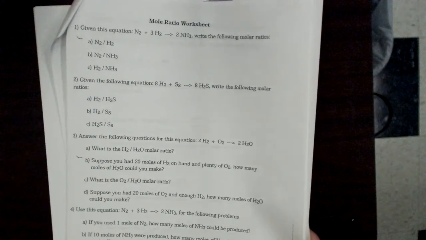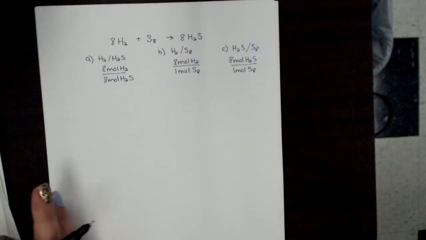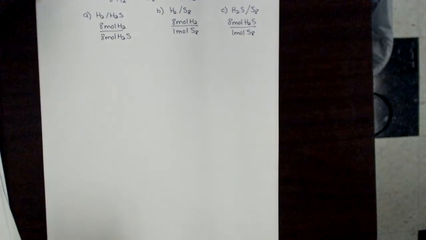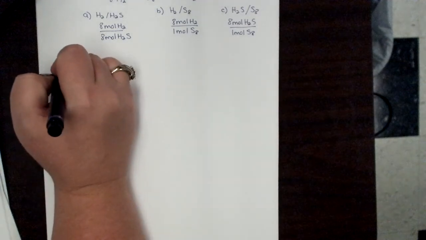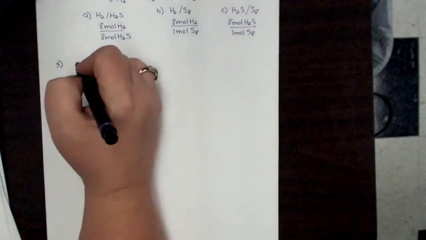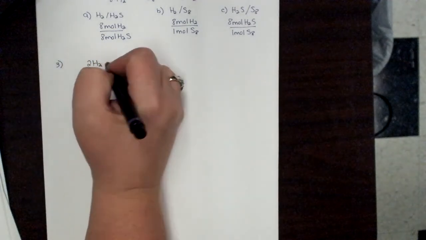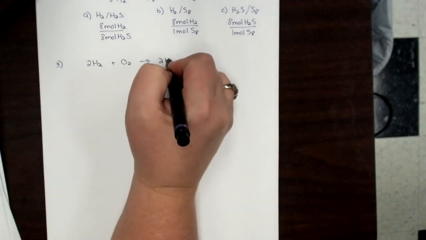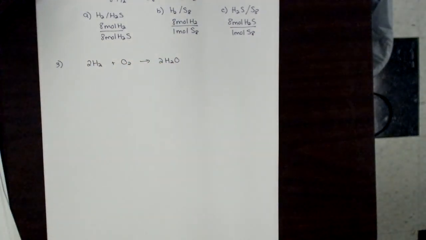Okay? So let's go on and look at how we can use this, because what ends up happening is we can use these mole ratios as a conversion factor, and we can convert throughout a reaction. So let's look at number 3. So number 3, they give us 2H2 plus O2 yields 2H2O.